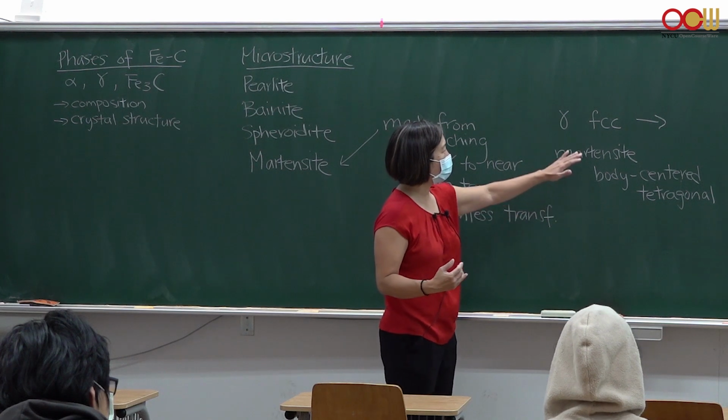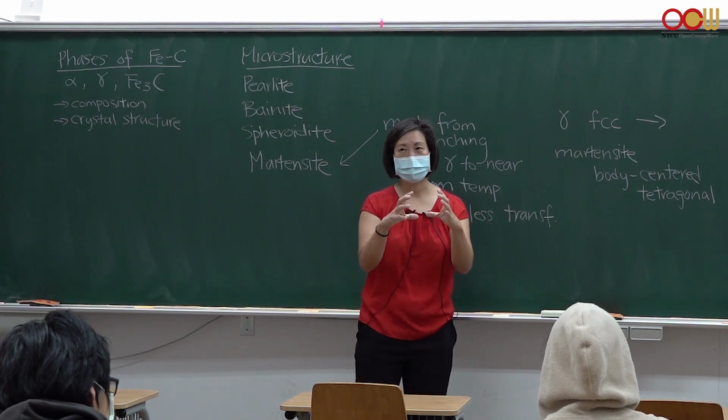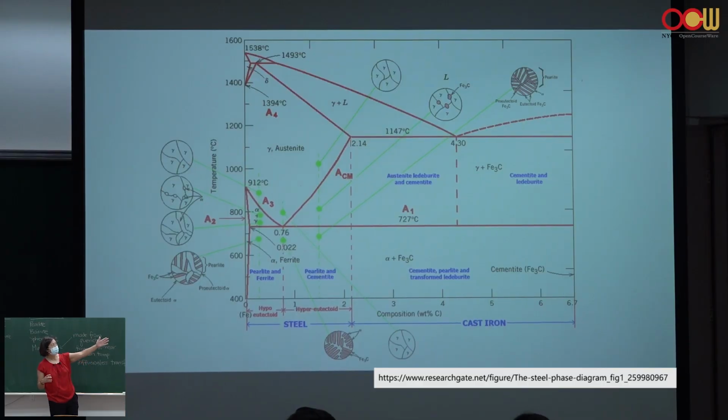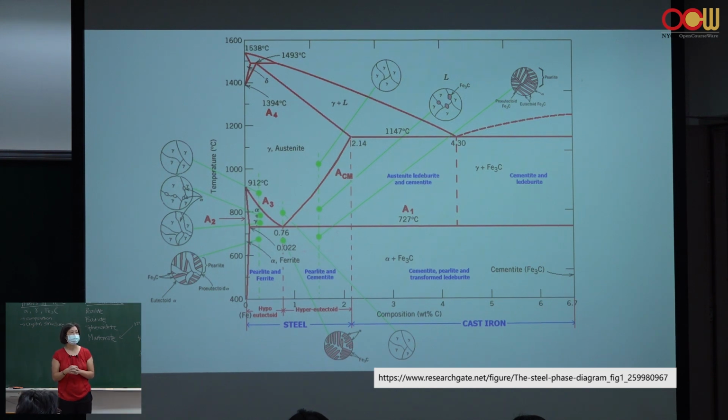Martensite goes from FCC austenite, which is the stable phase at high temperatures, above 727 degrees Celsius, depending on the composition, the amount of carbon. It could be higher or lower, but it's somewhere around there. Above that temperature, you have austenite.